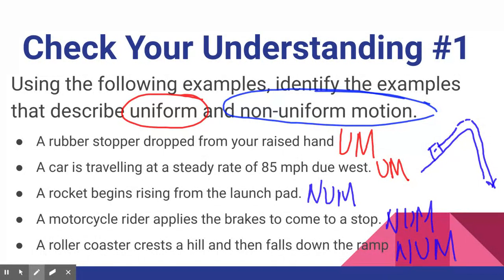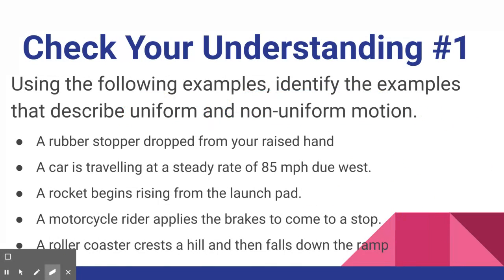Okay, so hopefully you got those. Hopefully you understand the difference between uniform and non-uniform motion. Again, if the examples aren't terribly clear to you, just really look at those or look at the definition. Uniform is moving in one direction, in a straight line, and at a constant rate.